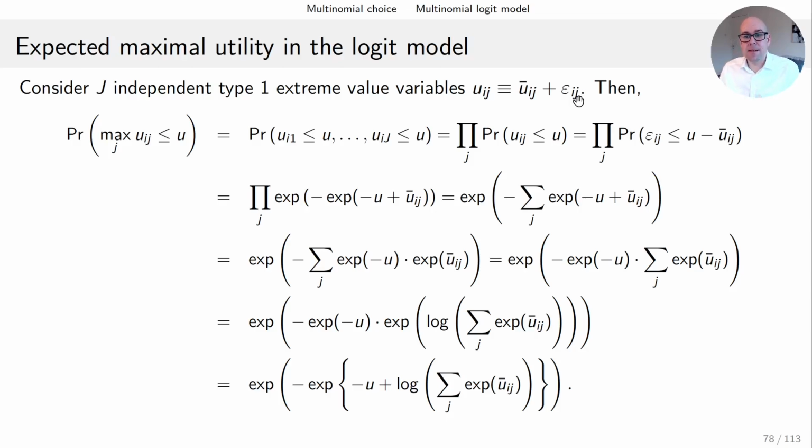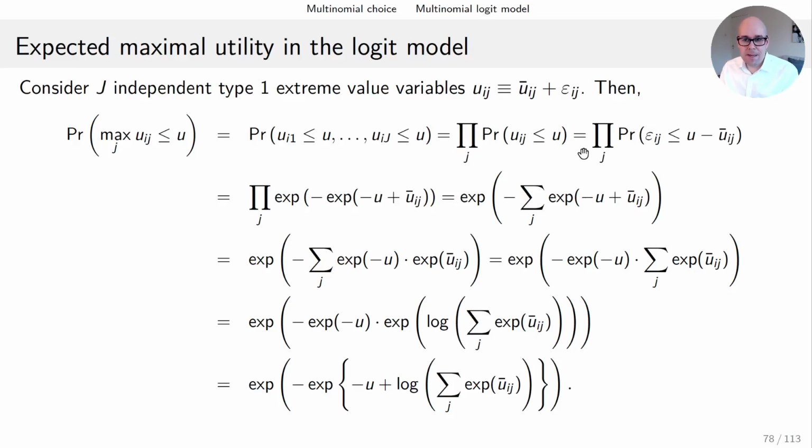I haven't made this explicit on this slide, but this is always assumed. That means independence across J. Since there's independence across J, this joint event involving J random variables can be written as the product of the probabilities for the marginals, that each of the uij random variables is less than or equal to u. So that's this equality here.